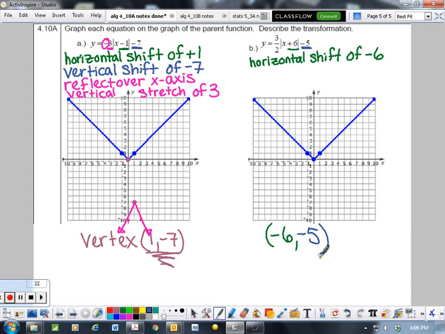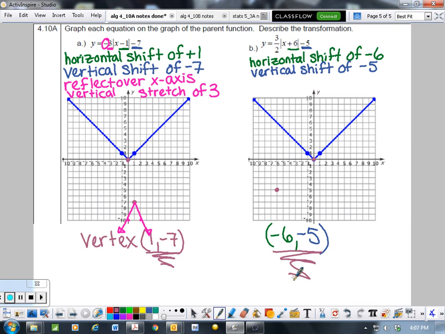It means that I'm going to have a vertical shift of -5, which means going down 5. So right now I could go ahead and graph that new vertex. So this vertex moves now horizontal shift of -6, vertical shift of -5. There's my vertex.